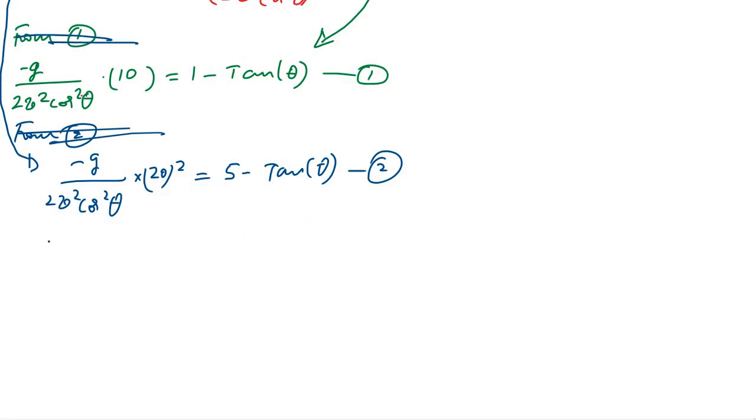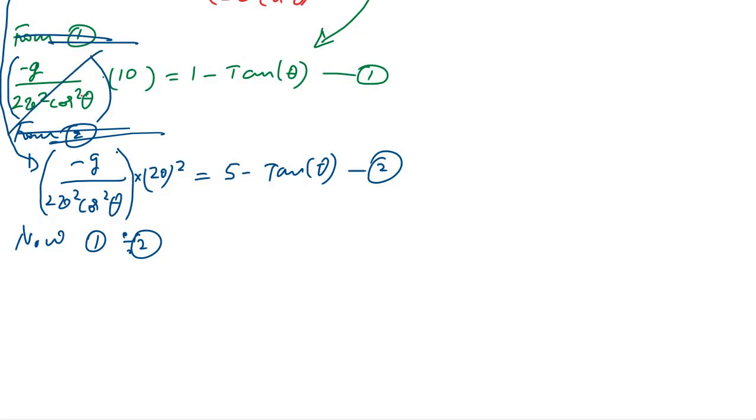So now what I have to do, I have to divide these two equations. All right, so now divide any of the equations. So now equation 1 divided by equation 2. On the left hand side, we are going to neglect the bracket term, which is minus g divided by 2v square cos square theta, because these two things are common.